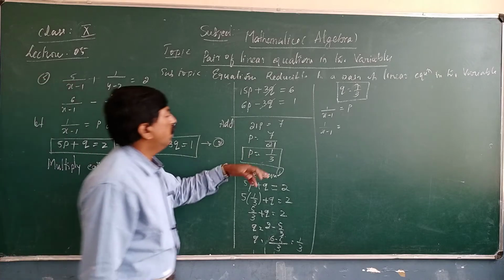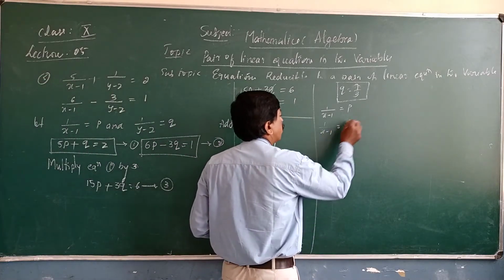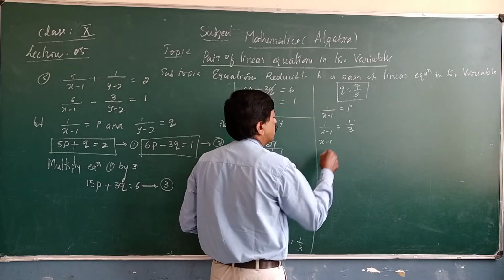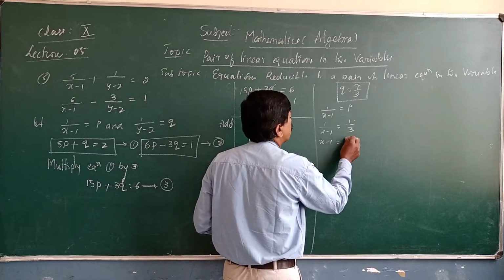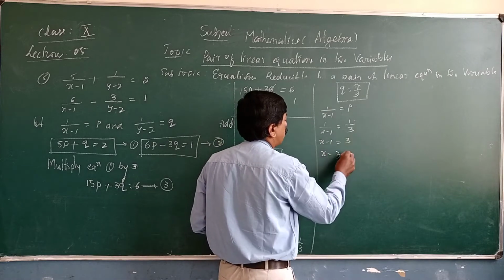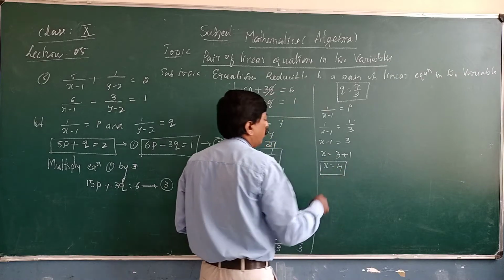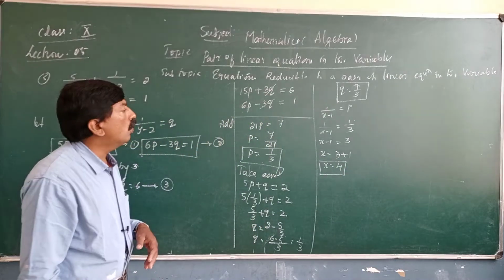P is how much? It is 1 by 3. Now simplify this one. x minus 1 into 1 is x minus 1, which is equal to 3 ones are 3. Now x is equal to 3, minus 1 will become plus 1, x is equal to 4. We got x value 4.